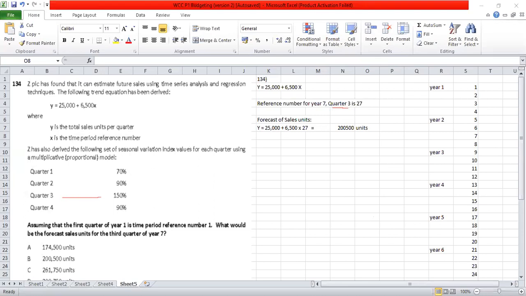So quarter 3 seasonal variation is at 150%. So it's 200,500 into 150%.